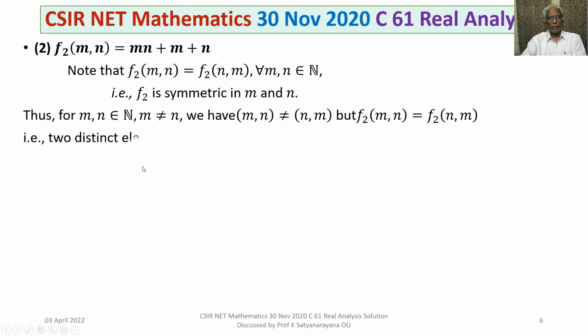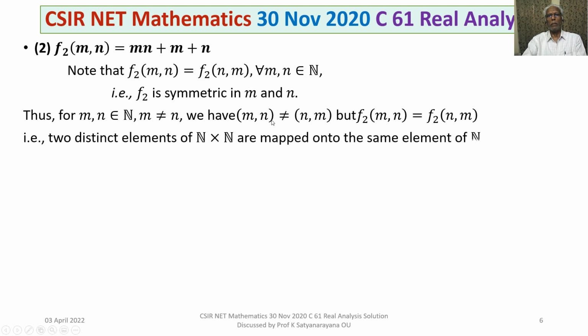So the two distinct elements m comma n and n comma m of N cross N are mapped onto the same element, and therefore f2 is not an injective function.